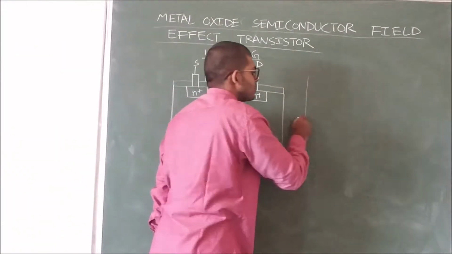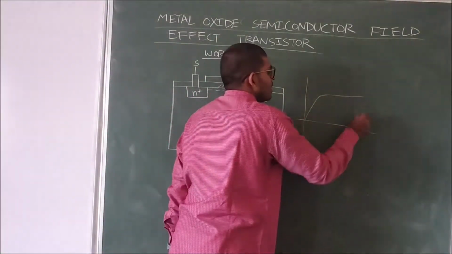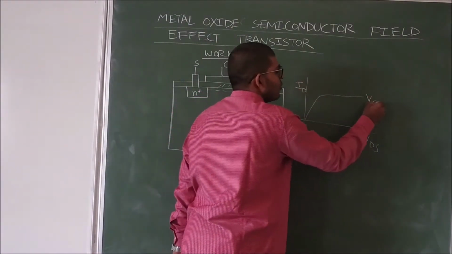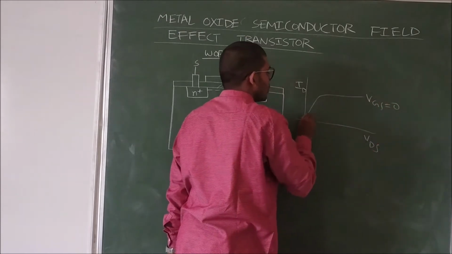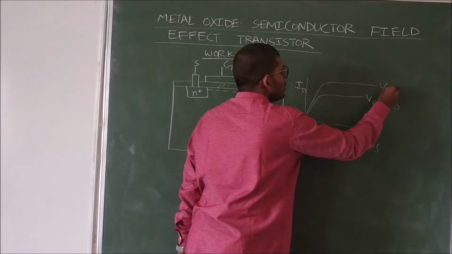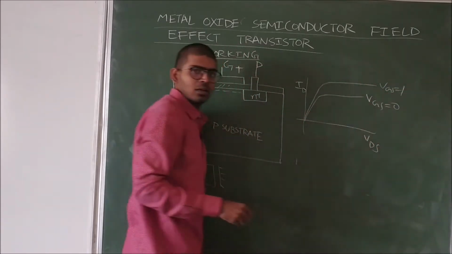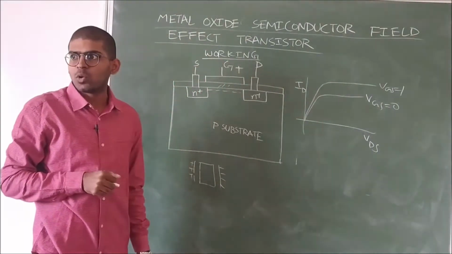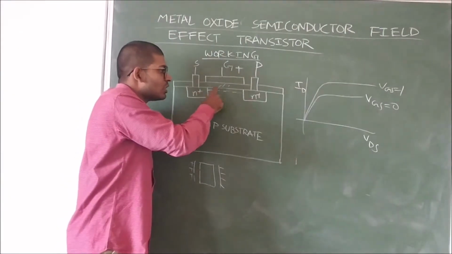These are the characteristics, VDS versus ID, when VGS equals 0, and this is at VGS equal to 1. When we increment the positive gate voltage, then negative voltage is induced.